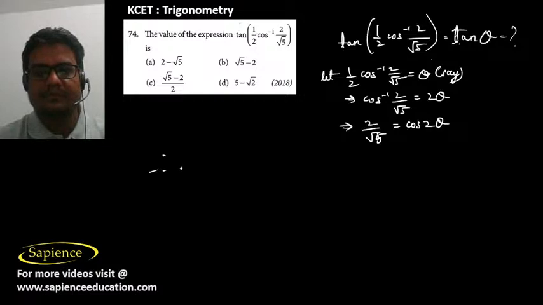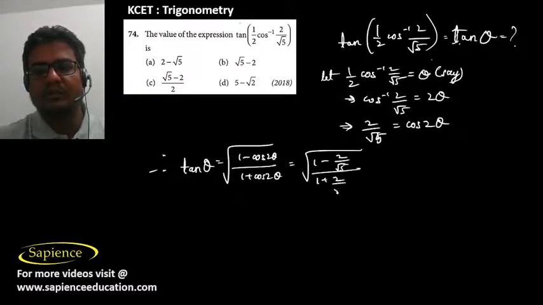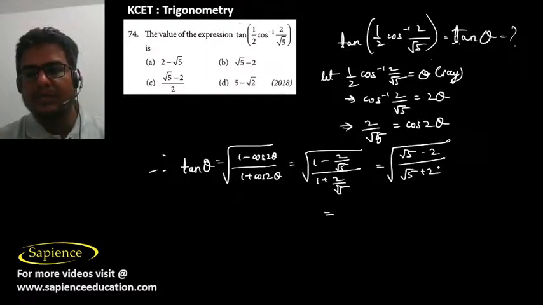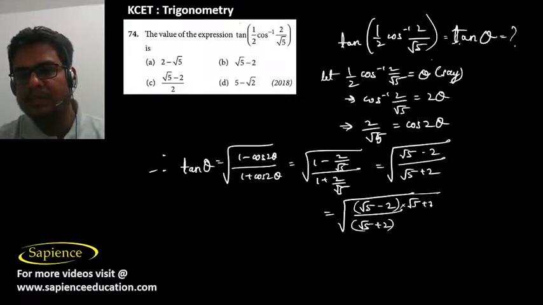Now we know that tan theta can be written as square root of 1 minus cos 2 theta by 1 plus cos 2 theta. That will be square root of 1 minus 2 by root 5 divided by 1 plus 2 by root 5. Now that can be written as root 5 minus 2 by root 5 plus 2. Then we can rationalize the denominator.